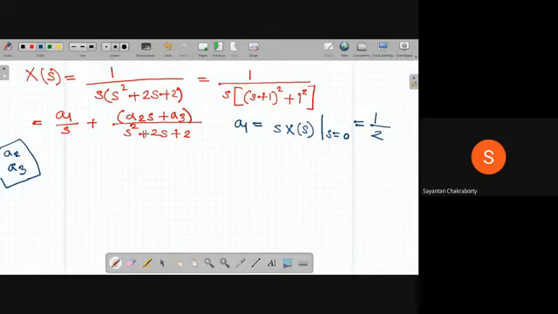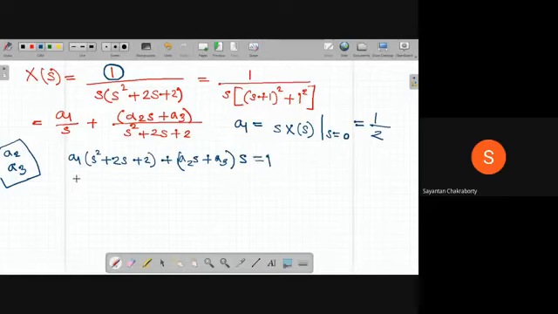Okay, so if you expand this left hand side, what you will get, a1 into s square plus 2s plus 2, plus a2s, sorry, plus a3 into s, and this should constitute the numerator, and that is nothing but your 1.